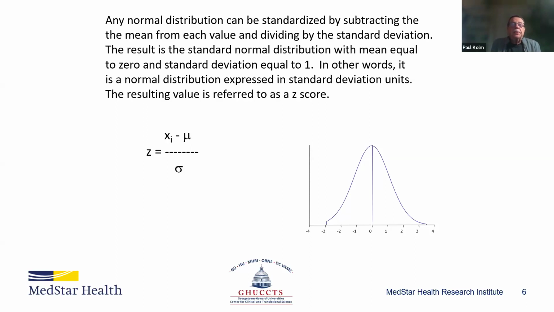If we do this, then the standard normal distribution has a mean of 0 and a standard deviation of 1. This is typically called the z-score. And so we can compare variables that are measured on different units by standardizing them.